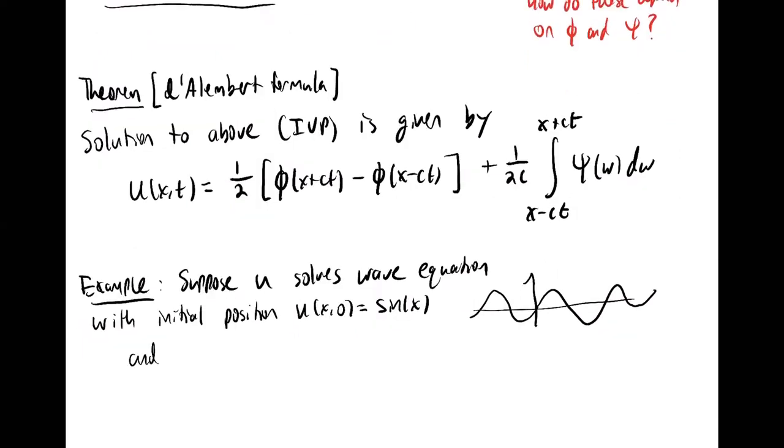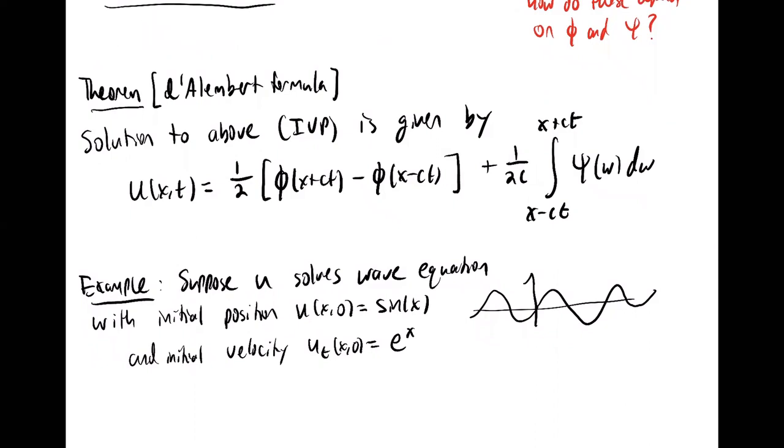And suppose the initial velocity, given by the time derivative at 0, is equal to, let's say, e to the x.